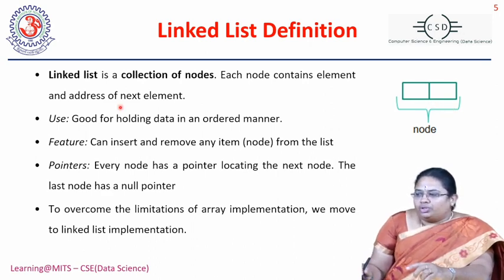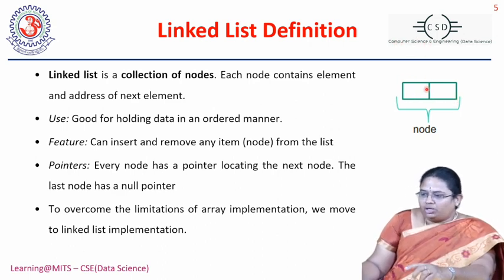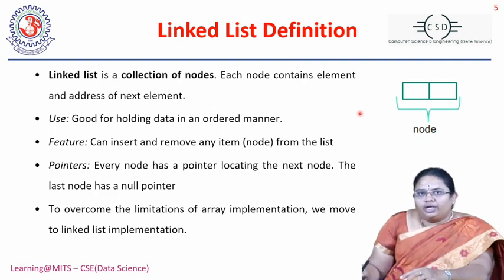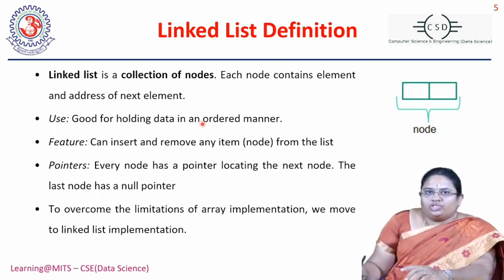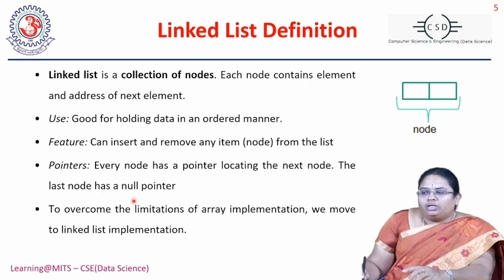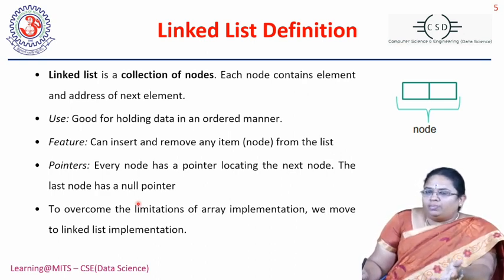So only sequential traversal is possible. It retrieves an element, finds the address of the next element, and from this it goes to the next element. It is used for holding data in an ordered sequential manner, and we can insert and remove any item at any place in the list with minimal cost.